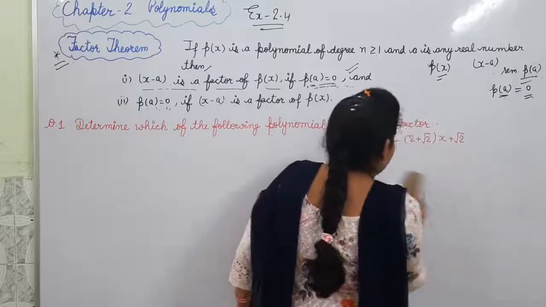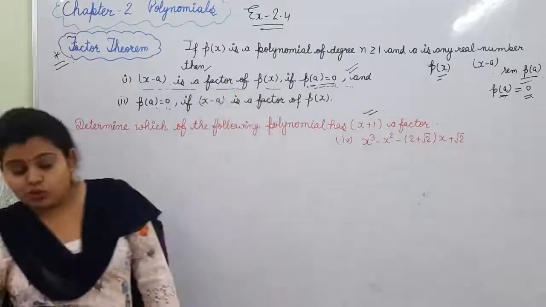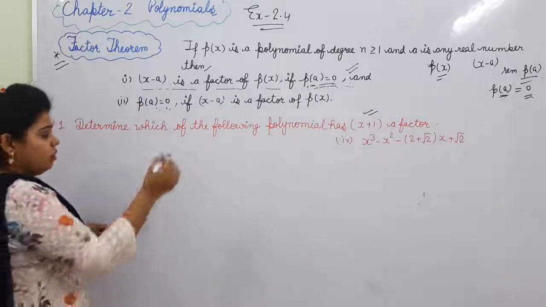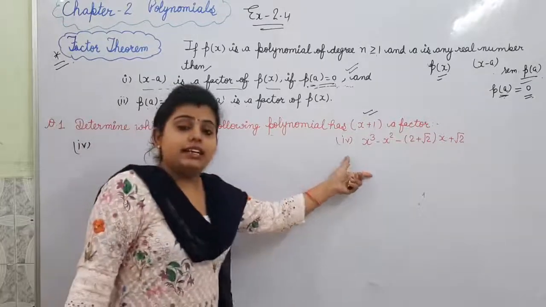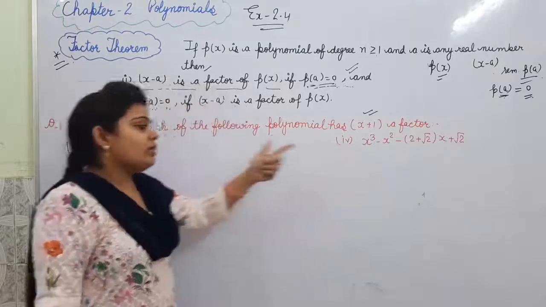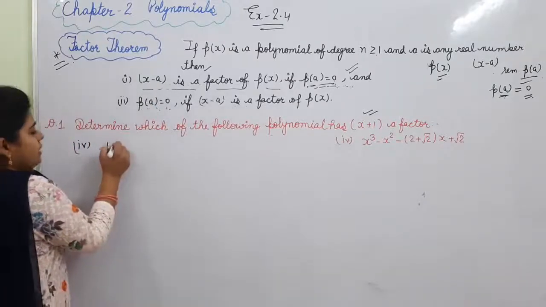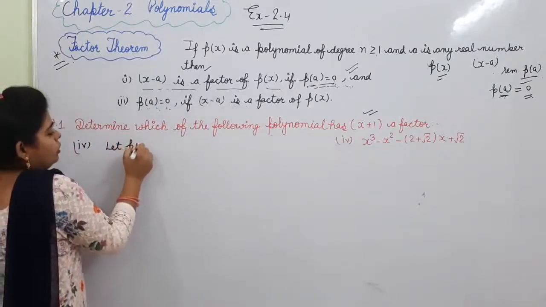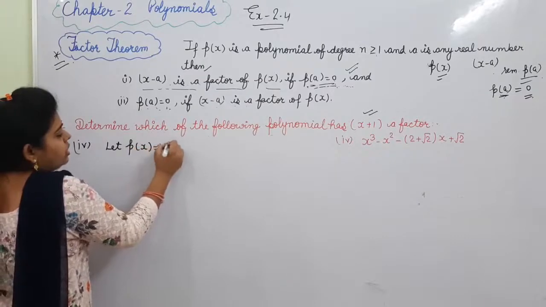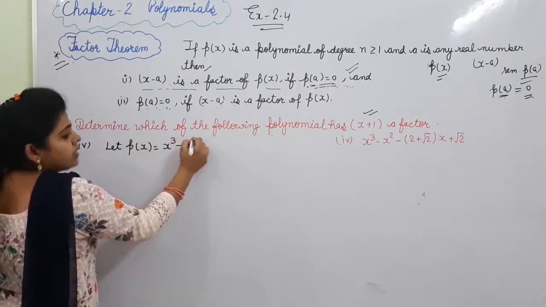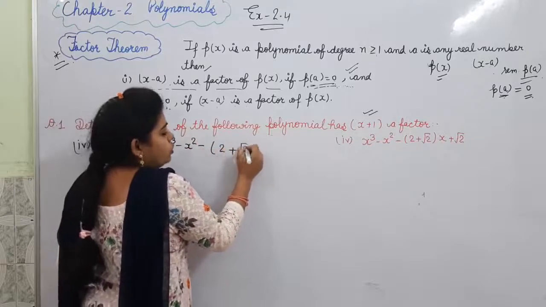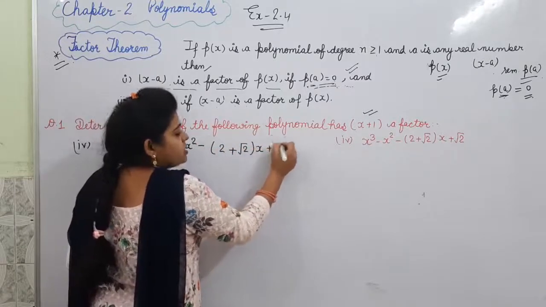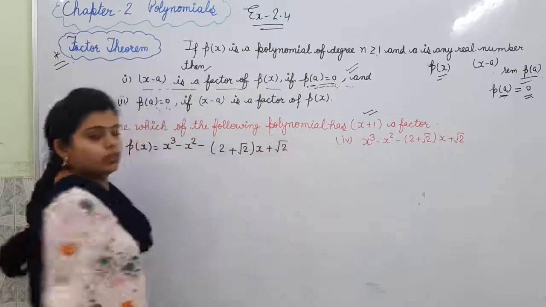Students will think it will be difficult, but dear students, it is easy. But we will consider it as P of x is polynomial in variable x. Let P of x is equal to x cube minus x square minus 2 plus root 2 x plus root 2.